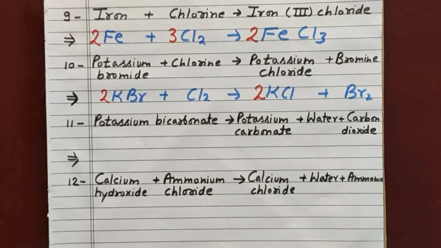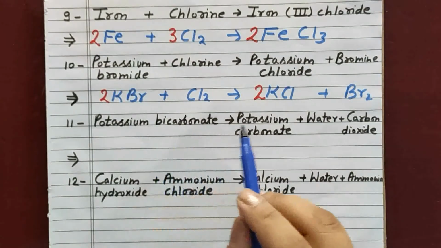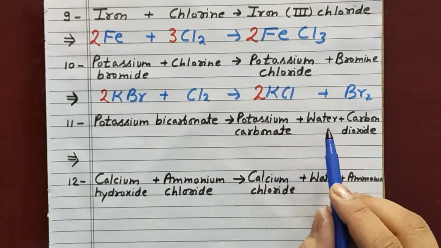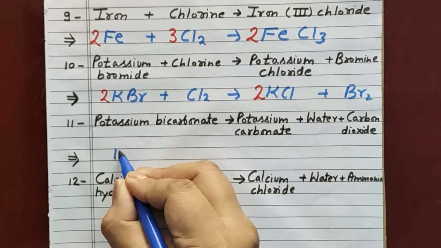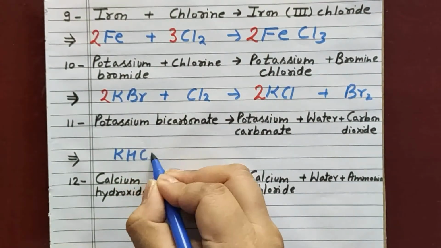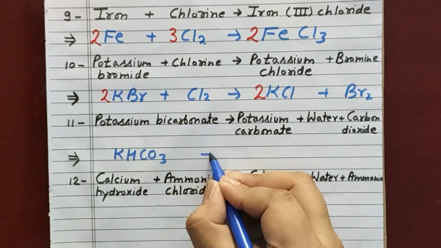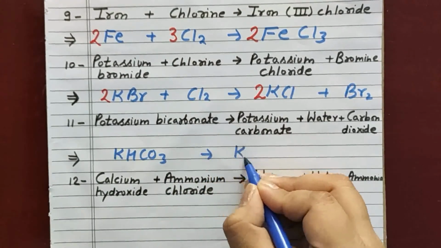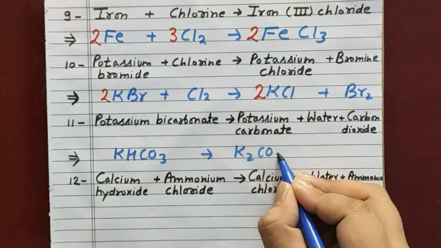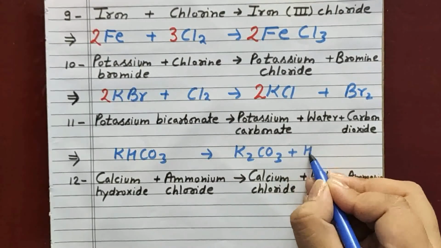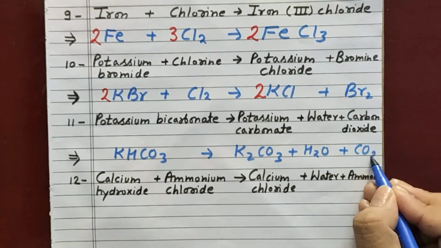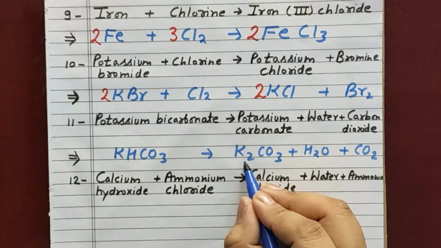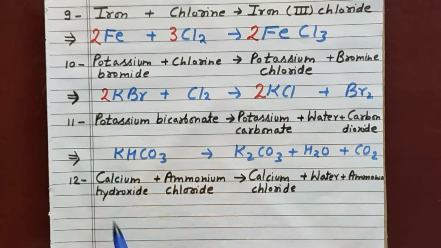Now covering the 11th equation, which is potassium bicarbonate, giving out potassium carbonate, water and carbon dioxide. So this is KHCO3, giving out K2CO3 plus H2O plus CO2. Here you are having 2 potassium atoms, here you are having only 1 potassium atom.